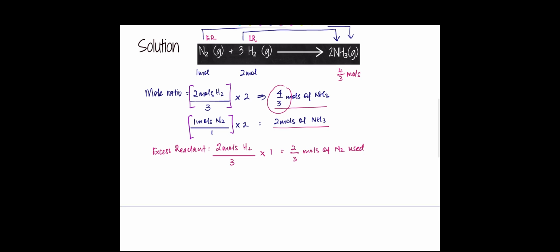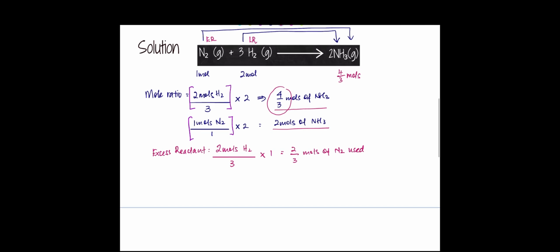What we need to calculate is what's left. So how do we do that? We start off with the initial moles, which is 1. In this case, since I'm working in fraction, I represent 1 with 3/3 minus 2/3. 1 is used or 1 is consumed to get 1/3 moles of nitrogen left.